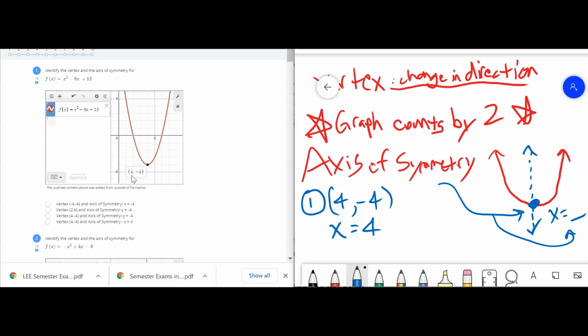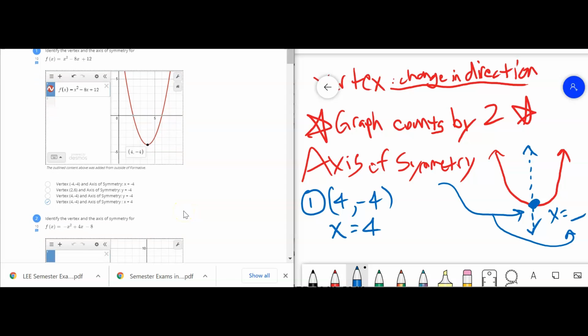So which answer choice? That's 4, -4 for my point, and x equals 4 for the axis of symmetry. That would be this fourth one right there.